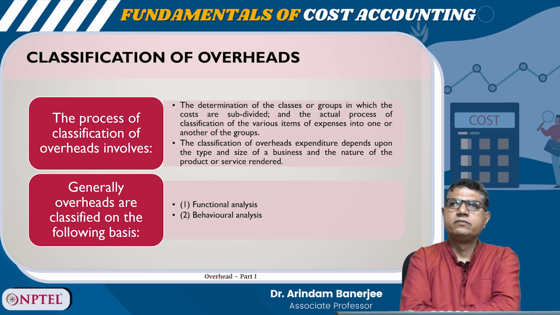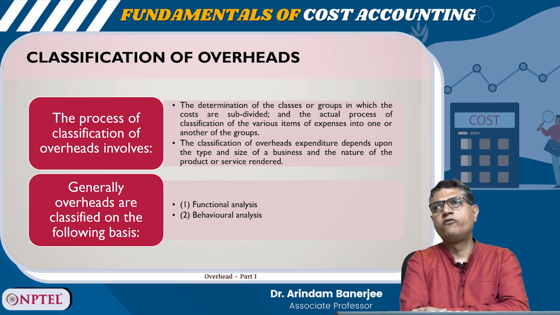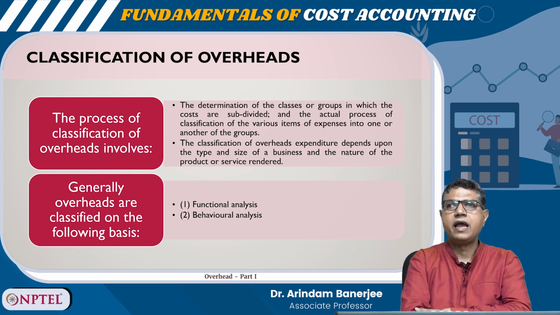Now, we can classify the overheads under different categories. Classification is the determination of the classes or groups in which the costs are subdivided, the actual process of classification of the various items of expenses into one or another of the groups. The classification of overhead expenditure depends on the type and size of business and the nature of product and service.